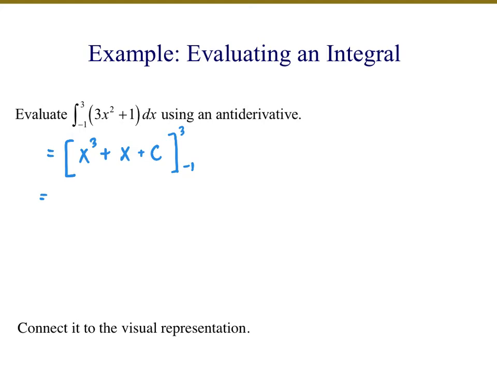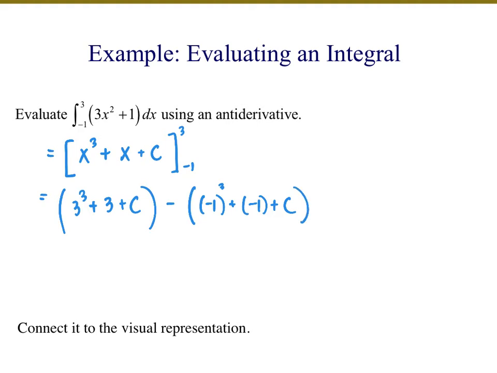And now we'll substitute our bounds. So I'm going to have 3 cubed, plus 3, plus c, minus, and I'll put -1 in, -1 cubed, plus -1, plus c. And we'll evaluate what we get here.